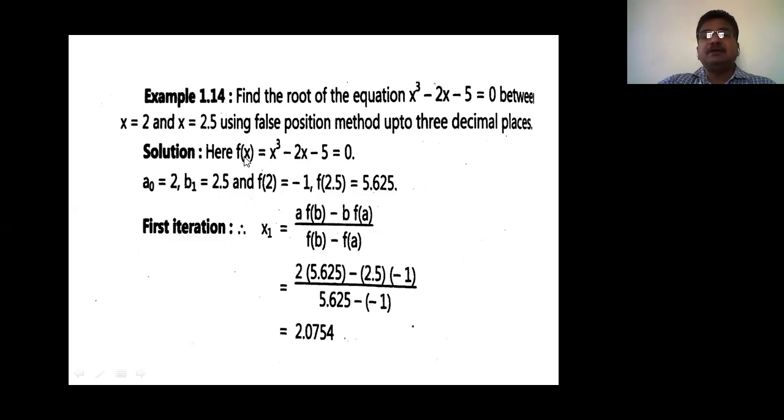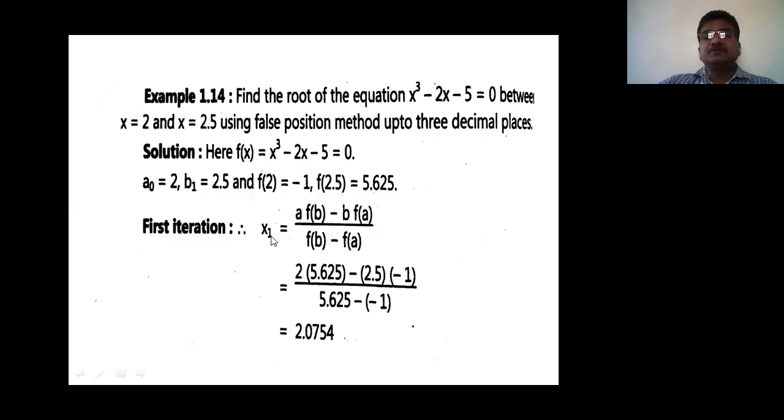That is, find the value of f of -1, f of -2, f of -3, and then by using trial and error method, find the two numbers a and b such that f of a into f of b is less than 0. That is, one is negative and another is positive. So these are the a and b.